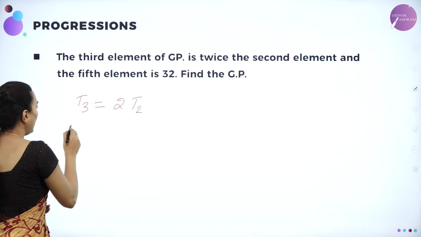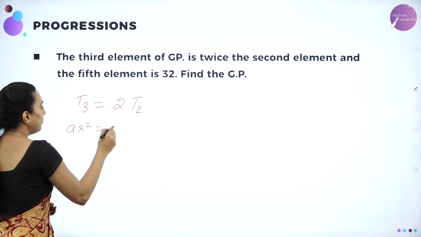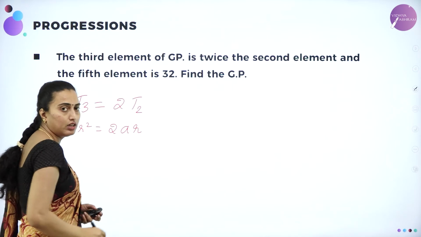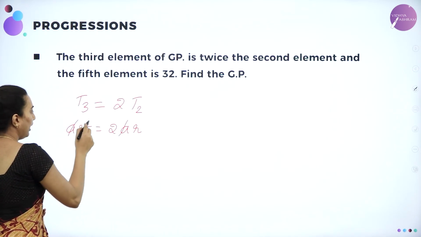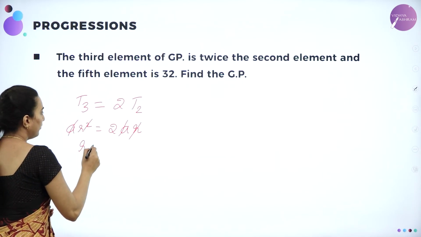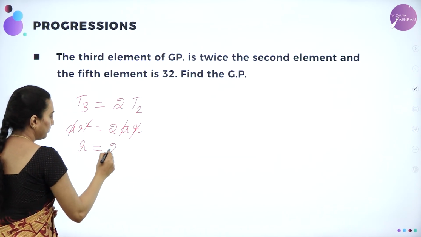T3 is AR squared and T2 is AR. Here one term of A and R will cancel, and R will be 2.